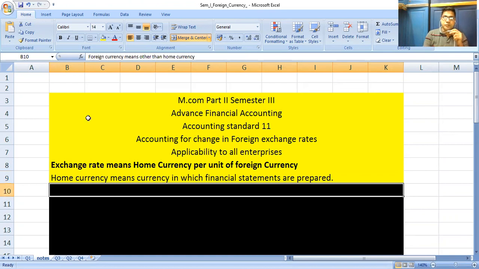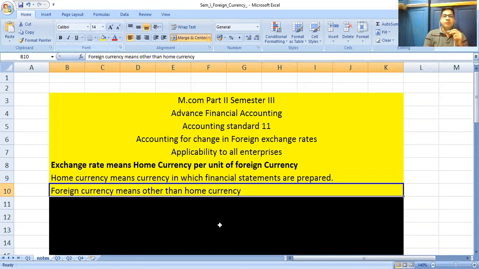Now, one more concept is foreign currency. Foreign currency means other than home currency. For example, the American dollar is a foreign currency. Britain's pound is a foreign currency.